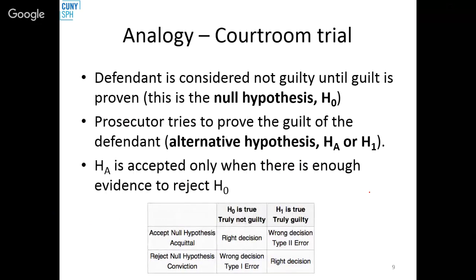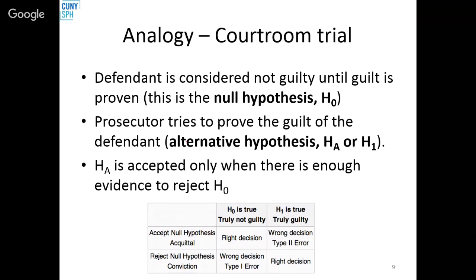Another classic analogy is the courtroom trial, where the defendant is considered not guilty until guilt is proven, and that would be the null hypothesis. So in the case of the bag of mostly white beans, you assume that any handful of beans that you have came from that bag unless you have evidence that it didn't. Or in the case of the defendant, in the absence of any other evidence, you assume that your null hypothesis is true.